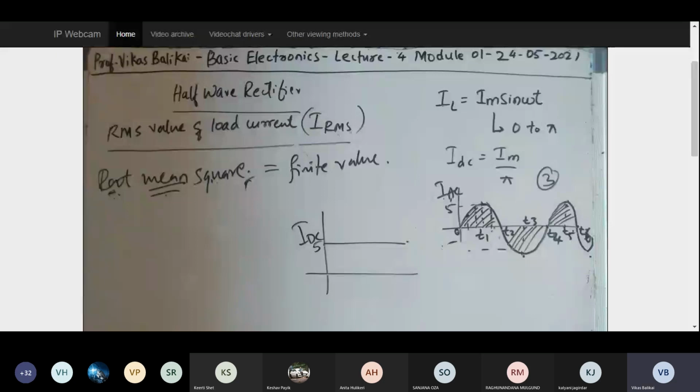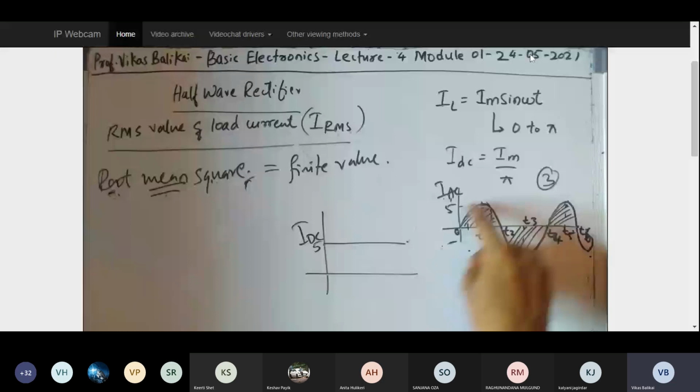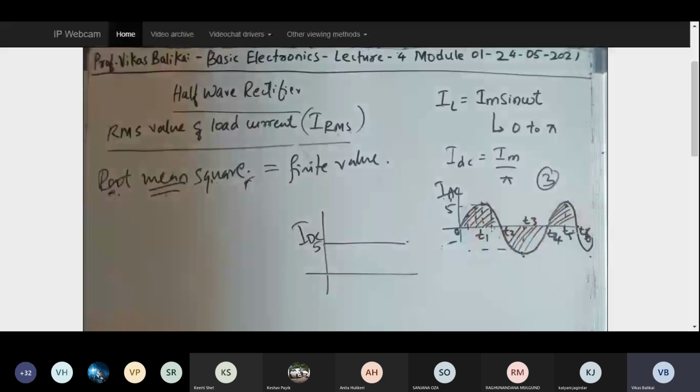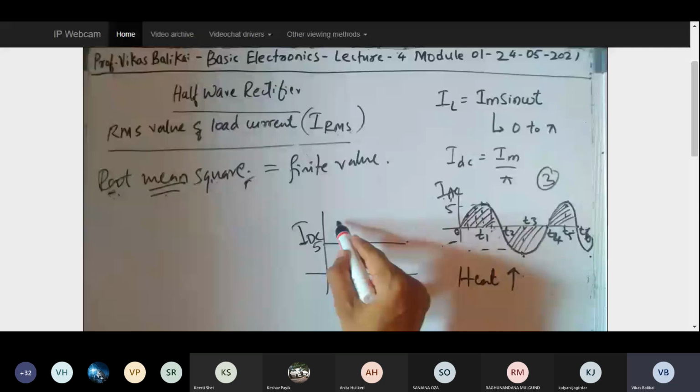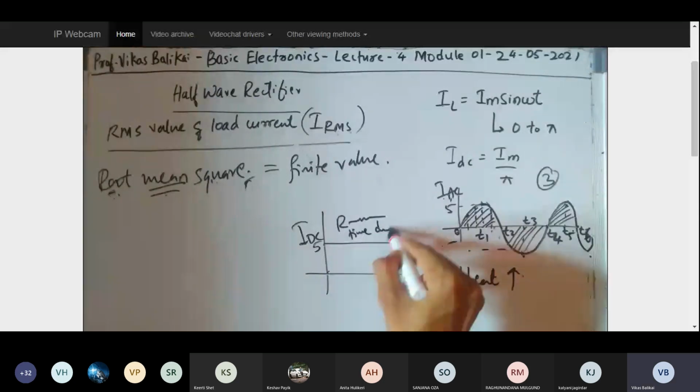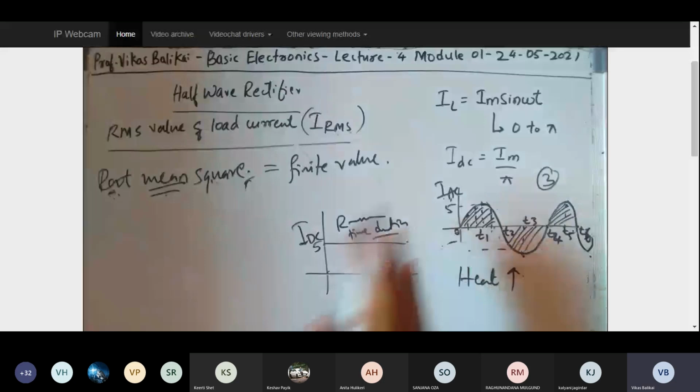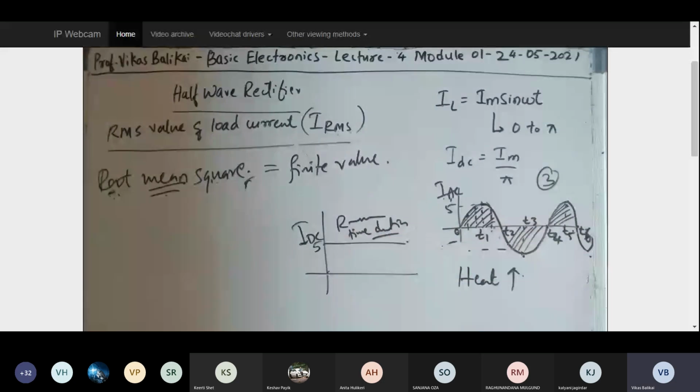So basically the intention is, when I pass this current in some resistor, the amount of heat generated will be exactly equal to the amount of heat that was generated by IDC when passed through the same resistor for a certain time duration. This way, I can have a comparison between IDC and IAC, or for that matter, DC and AC.